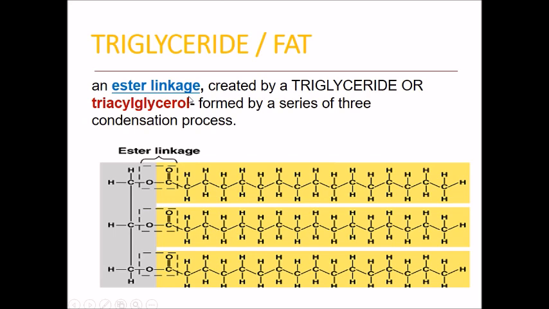As I mentioned earlier, ester linkage is created by the triacylglycerol through three series of condensation processes. Here they will remove H2O, thus forming one ester linkage, and then another condensation removing H2O, producing the second ester linkage, and the third condensation removing H2O, producing the third ester linkage.